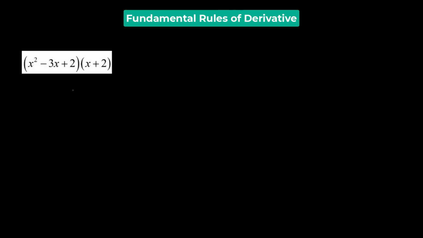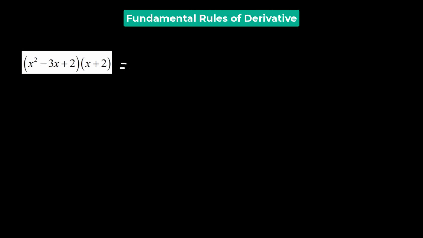So here we have the function x squared minus 3x plus 2 multiplied by x plus 2. Before finding the derivative of this function, we're going to distribute each term of the first expression, x squared minus 3x plus 2, to each term of the second, x plus 2.